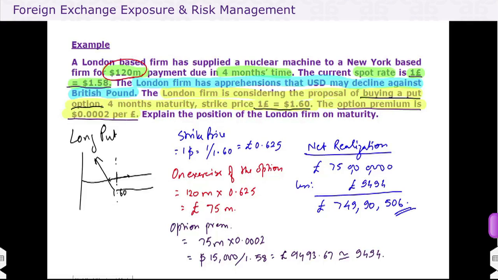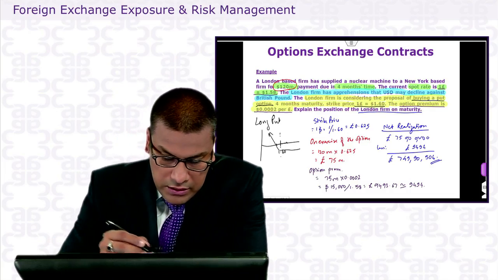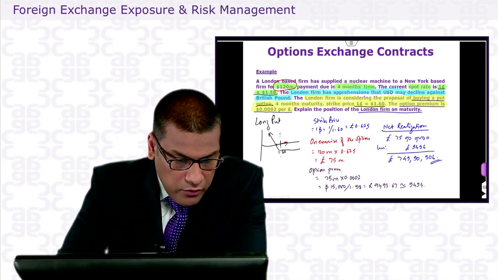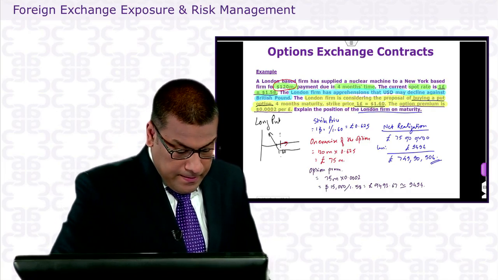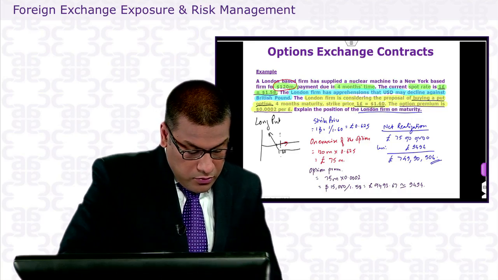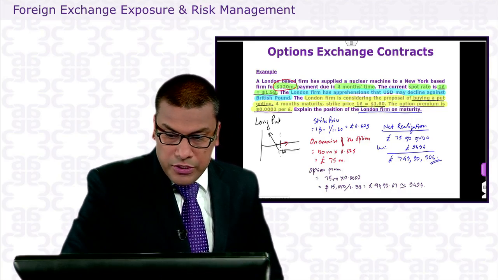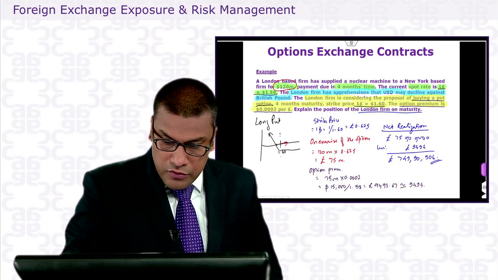Now if I want to explain the position of this firm on maturity, we know that there could be only some outcomes. Either on maturity the prices could have gone up from the strike. Suppose on maturity the price is 0.625, then you know that the net realization would be this.